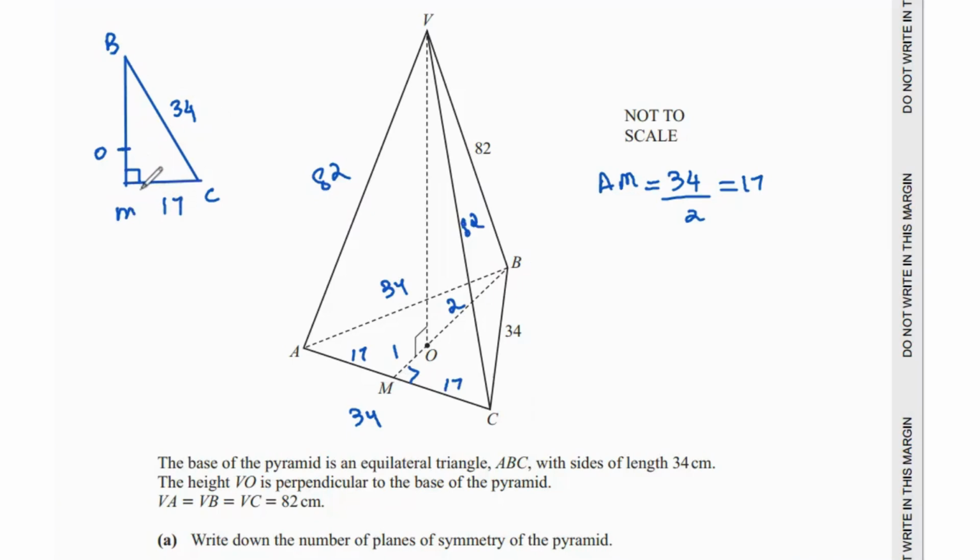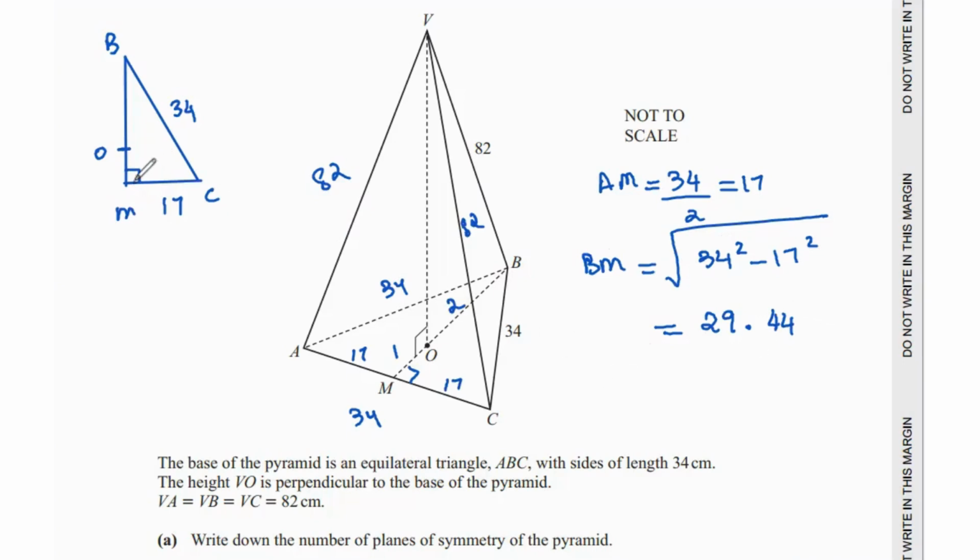So using Pythagoras, we can easily find BM, then use that to figure out OB. So BM is equal to root of 34 squared minus 17 squared. That gives us 29.44.